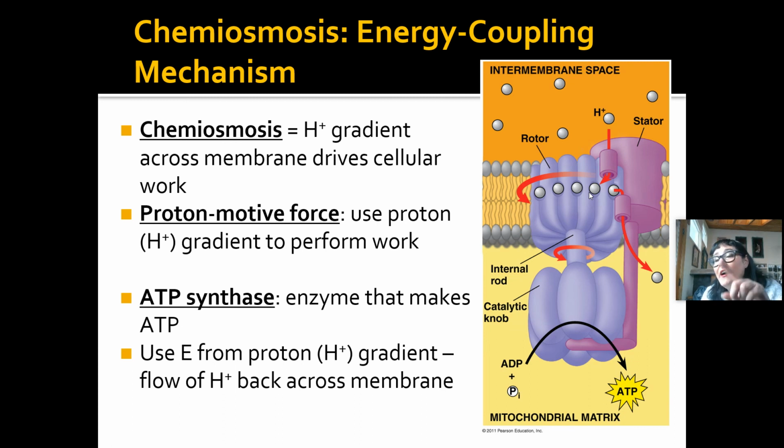A lot of engineering is modeled off of biology. If you look at this ATP synthase, it has a rotor, it's got a rod. Anyway, this will spin like crazy, which will allow for that phosphorylation there.